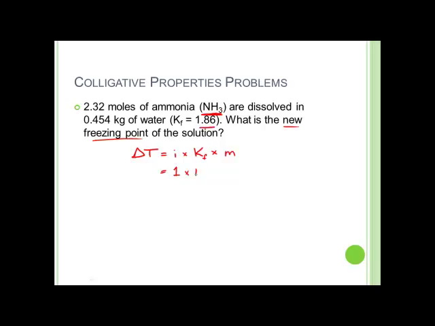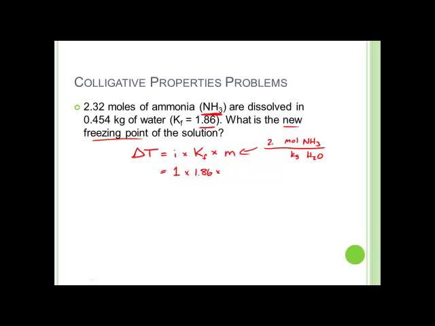The K, they give me in the problem. And then molality is moles of solute, in this case moles of NH3, over kilograms of water.